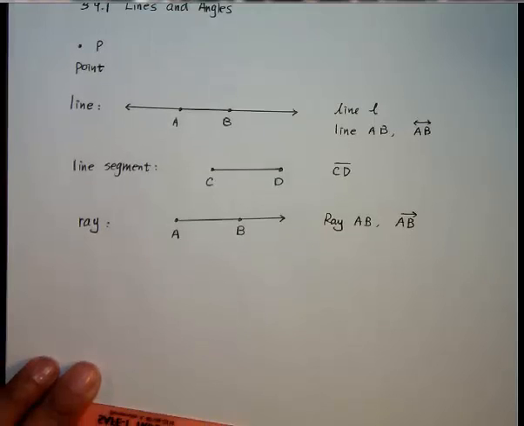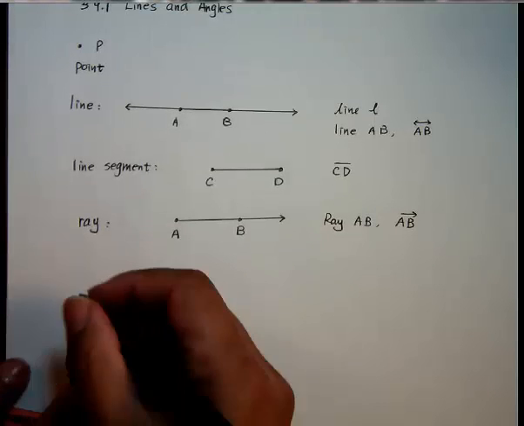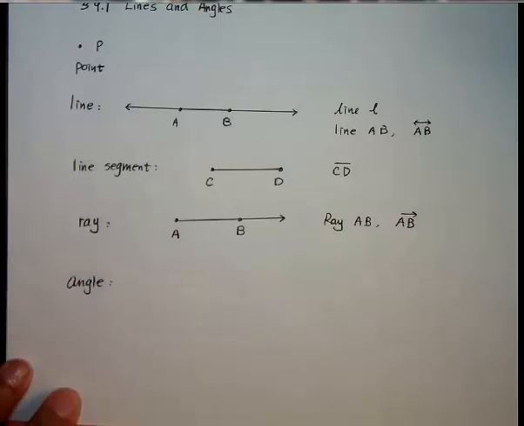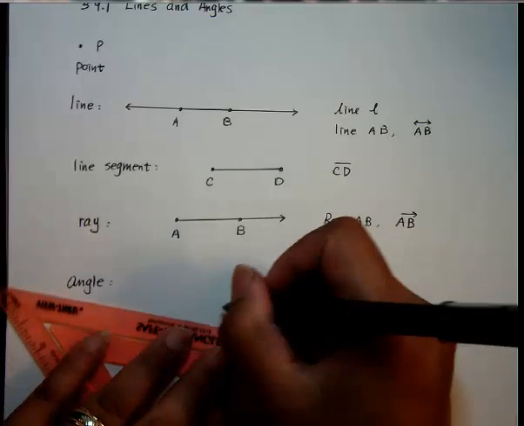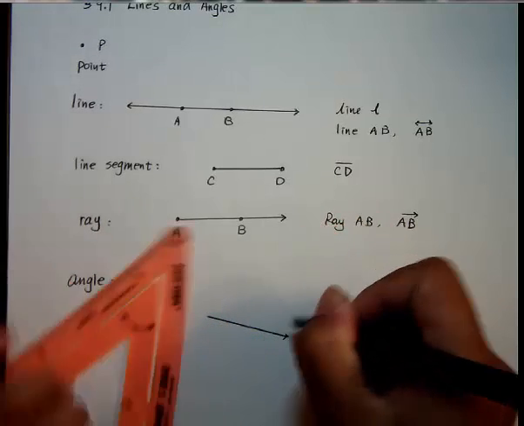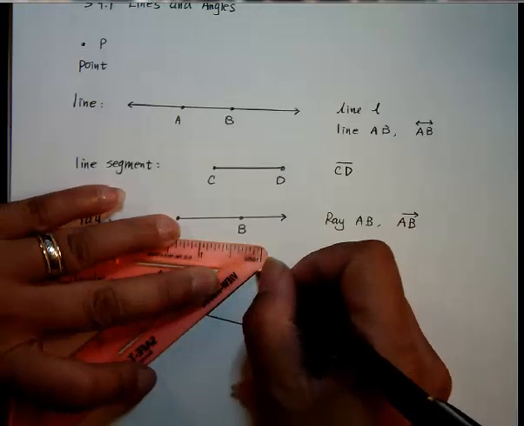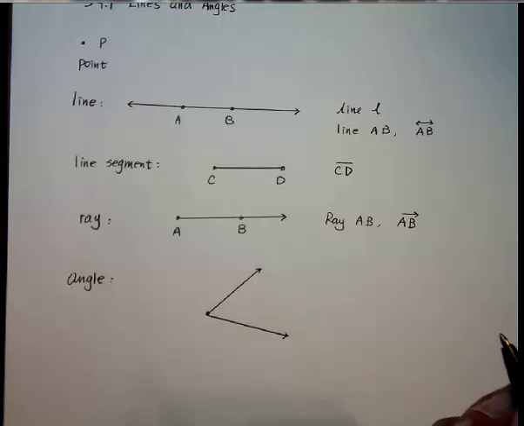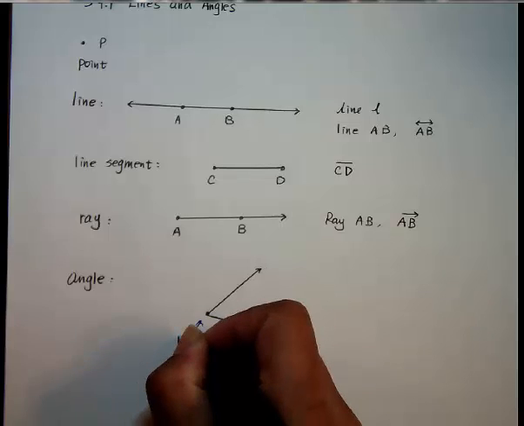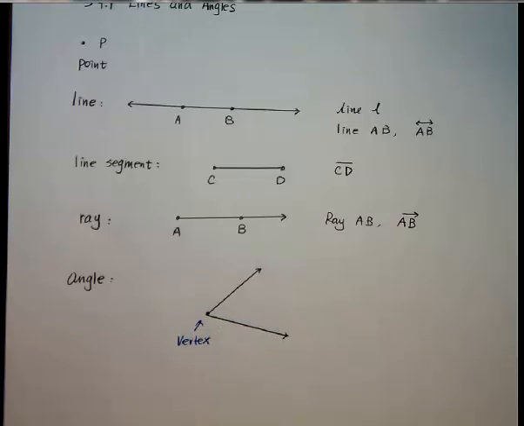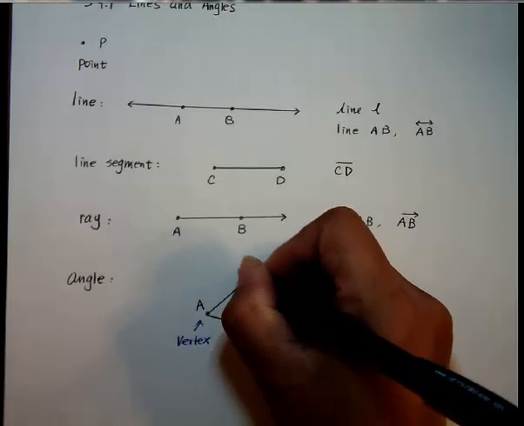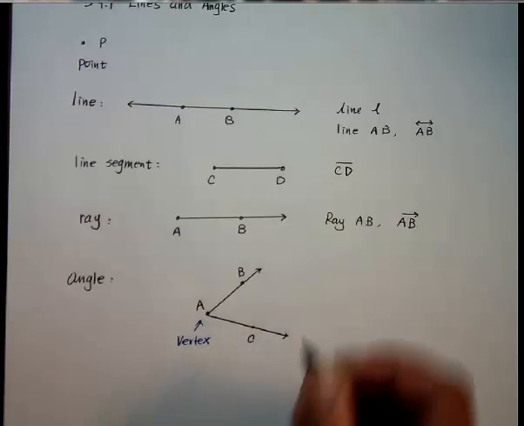Alright. How about angles? An angle is made up of two rays sharing a common vertex. Let me draw an angle. This is what we call the vertex, and let me call it A. And I give you a point B right here, and point C right here.